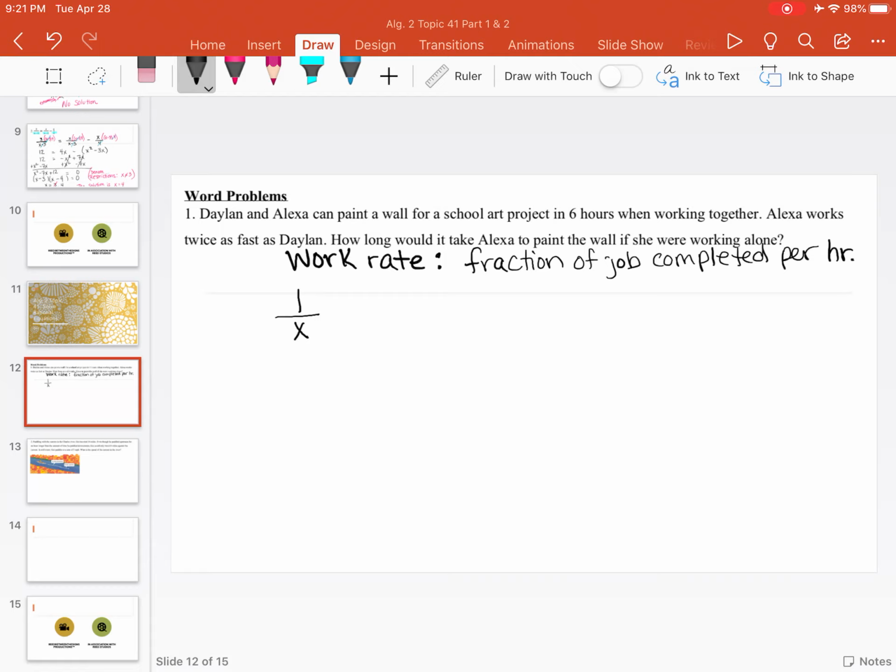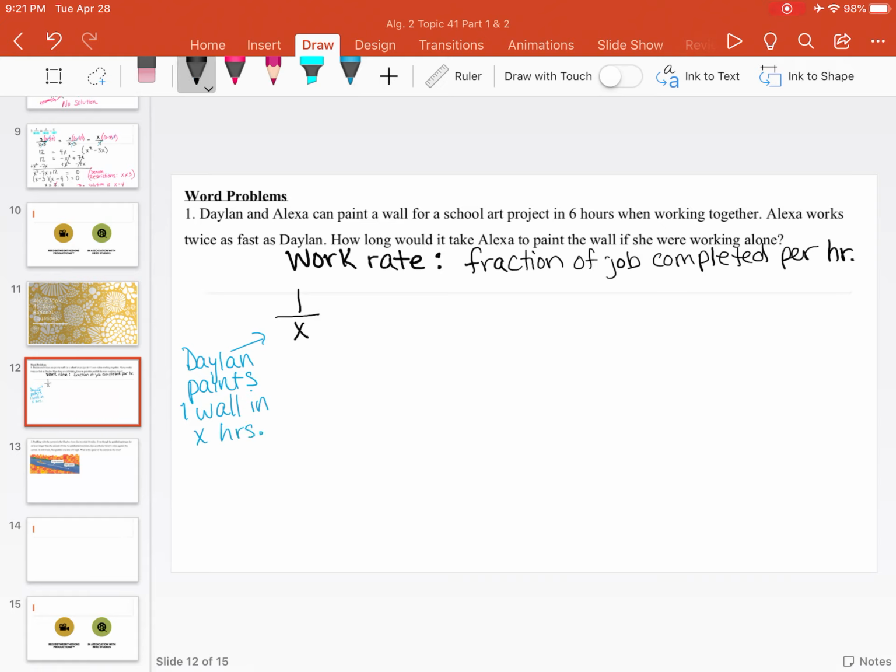We don't know how long specifically, so we'll just use X as our variable. So Dalen paints one wall in X hours.